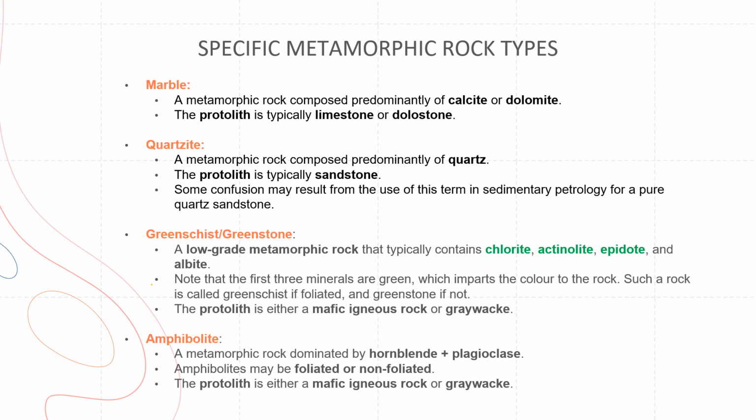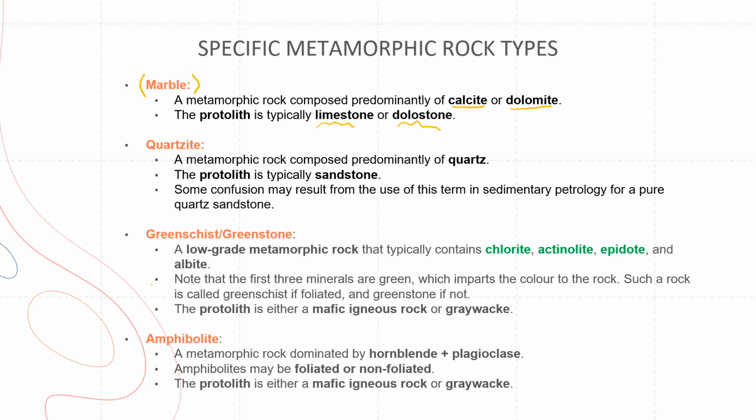Okay, in this first slide, we have examples including marble, quartzite, greenschist, greenstone, and amphibolite. Let's go through our first example, marble. You might be familiar with it. Marble is a metamorphic rock that is composed predominantly of calcite or dolomite, and the protolith, the parent rock for marble, is typically limestone or dolostone.